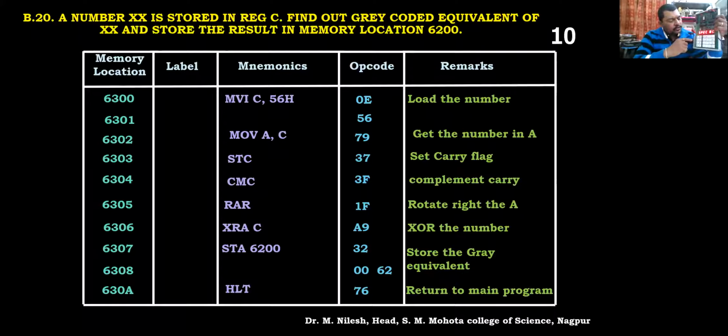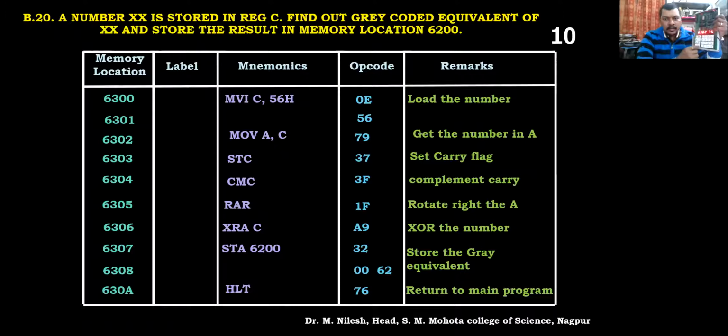So we start with reset, then substitute memory. We'll be writing it in memory location 6300. We'll start loading from here. 0E is the first instruction. Then 56 is the number that has to be converted to Gray code. Then we have move C to A, the opcode is 79.